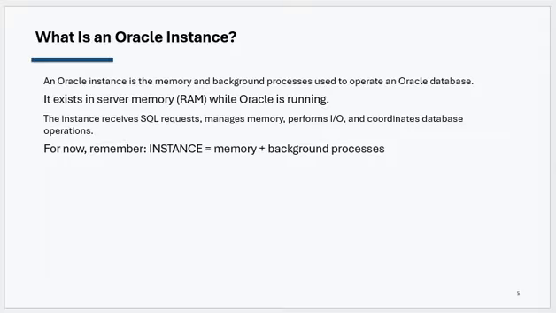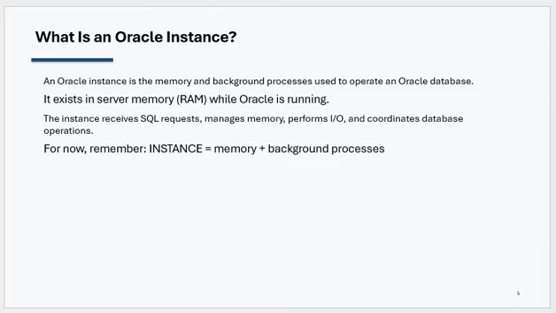What is an Oracle instance? An Oracle instance is completely different from the Oracle database. The two parts, database and instance, are totally different. An instance is a combination of memory structures and background processes that Oracle uses to operate the database. The instance exists in the server memory while Oracle is running.